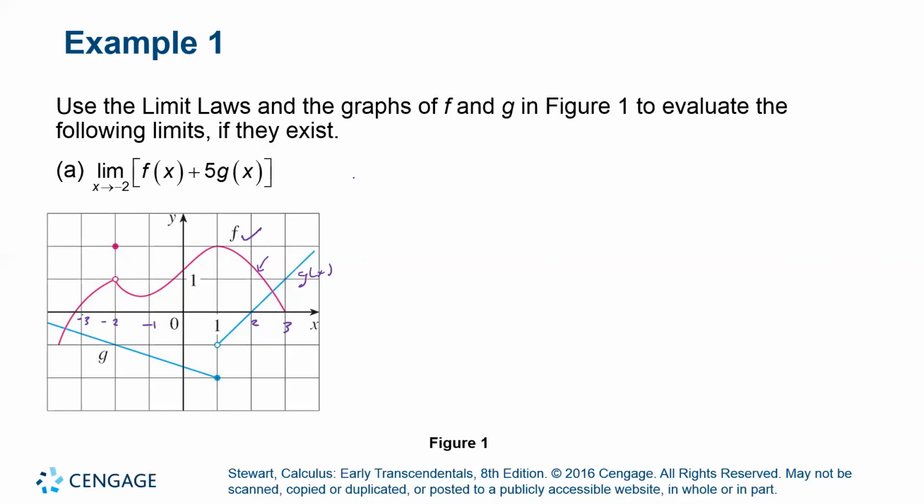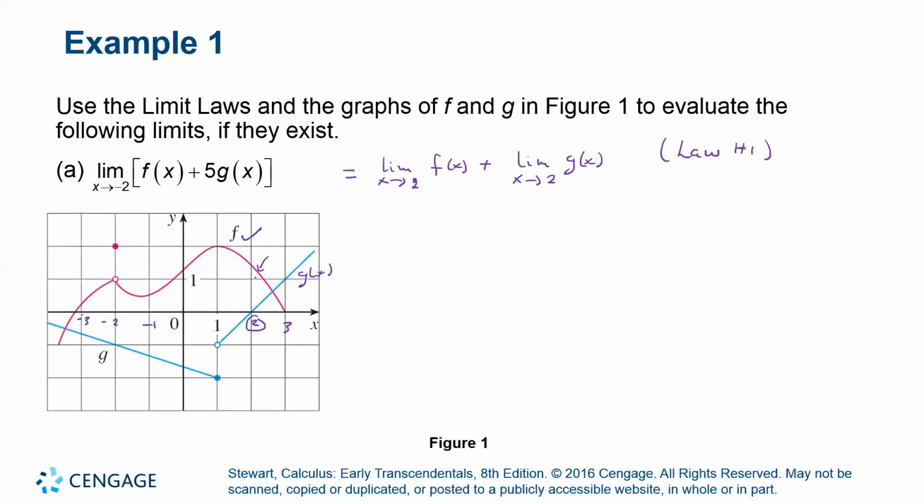Now for part A, we should find the limit as x approaches 2 of f of x plus g of x, because this is the first law, law number 1. If you apply that, where is 2? This is 2.